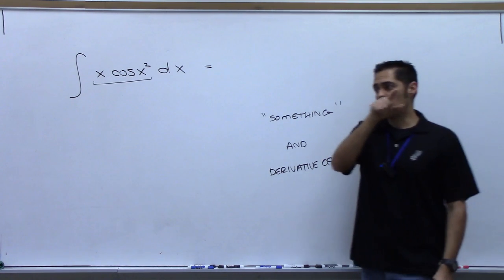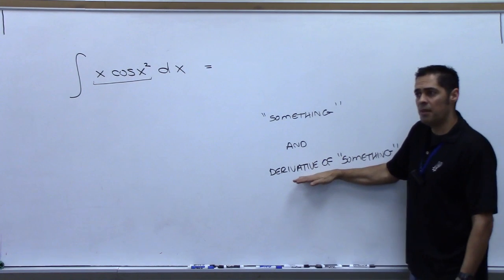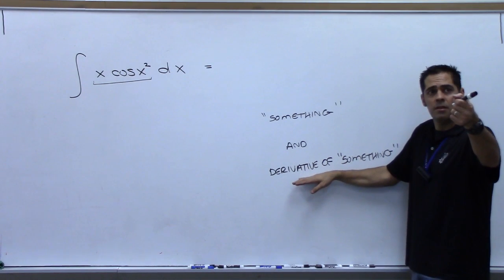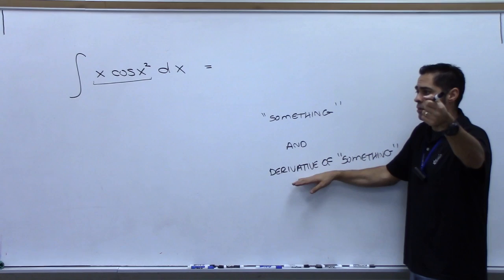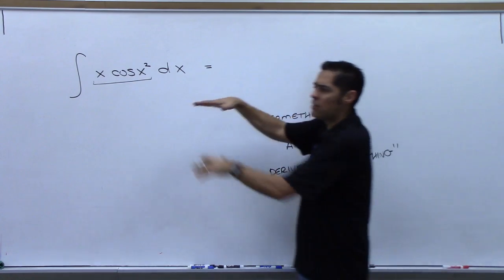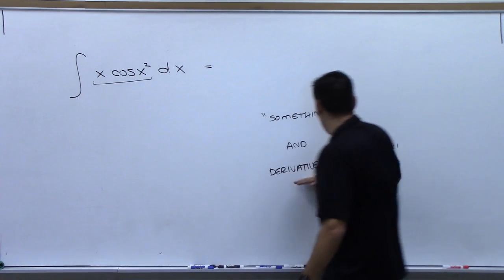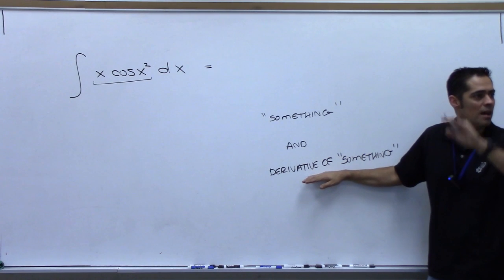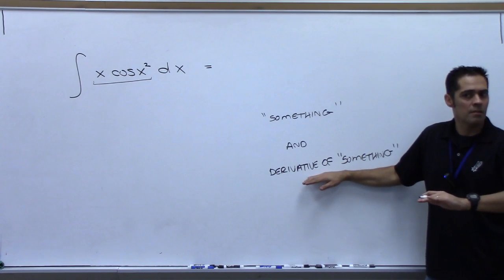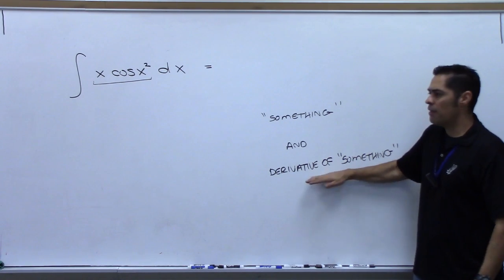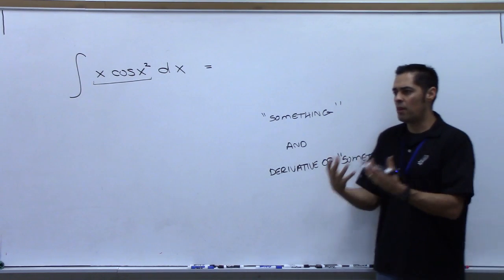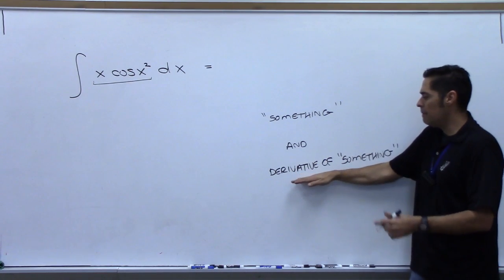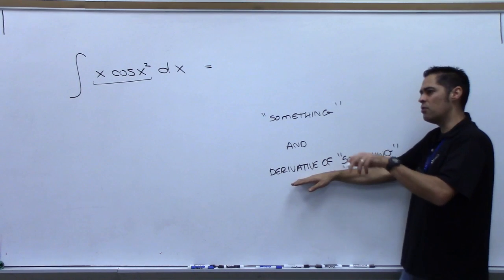Also, the derivative of the something that I find should appear in the numerator. So if you have a fraction, we want that derivative part to be in the top, not in the bottom. We don't want this derivative to be trapped inside of some crazy function. Like, we don't want this to be in the denominator. We don't want it to be trapped under a square root.